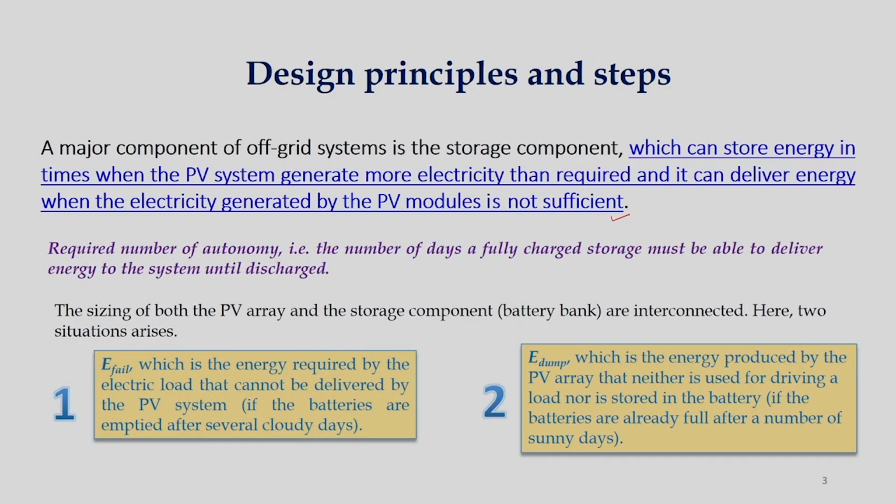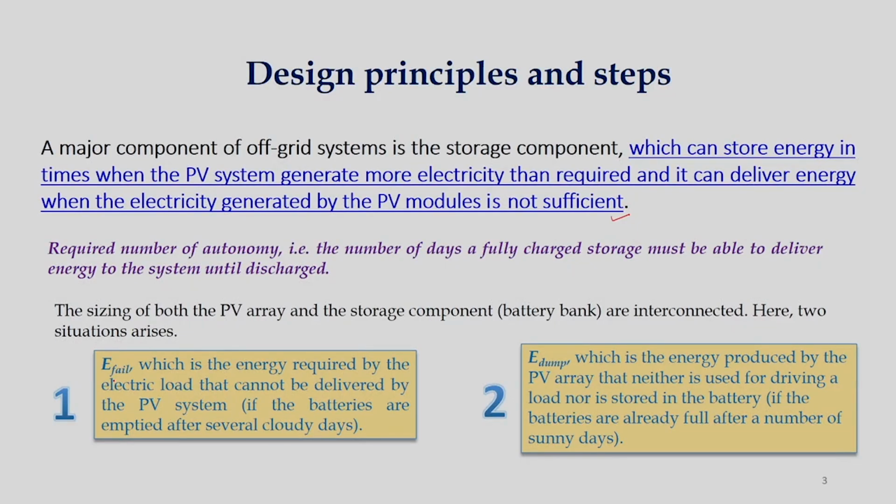As I said, the PV array, which is composed of many modules, and the storage components are interconnected. So, we must know two important terminologies. One is called E_fail, which is the energy required by the electric load that cannot be delivered by the PV system. This happens if the batteries are emptied after several cloudy days.